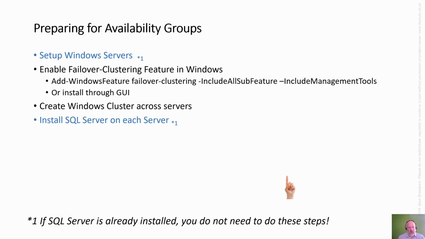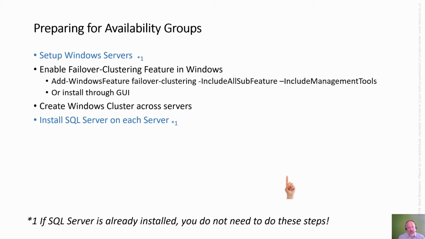Now let's just assume that you were starting afresh, so clearly the next thing we will need is SQL Server on all of these servers. So in the ideal scenario, we want a locally installed instance of SQL Server, a standalone copy of SQL Server on each of these servers which have been configured as cluster nodes.